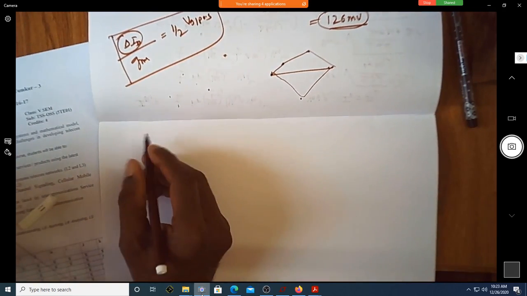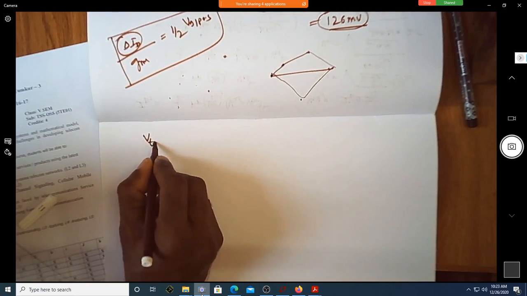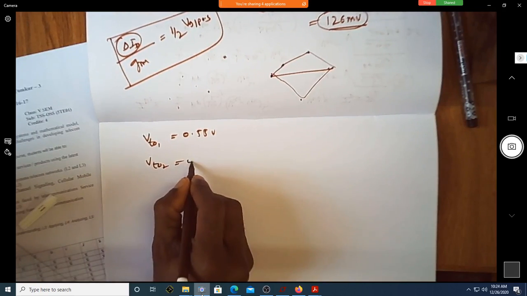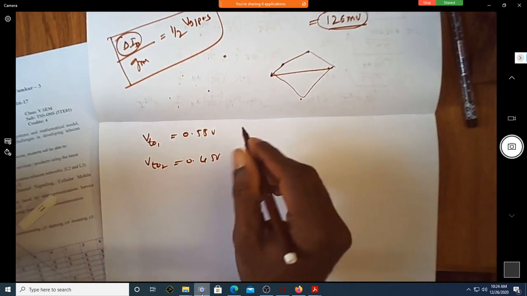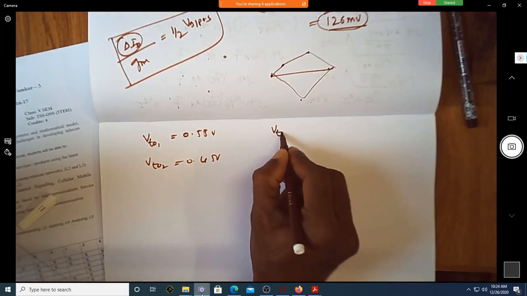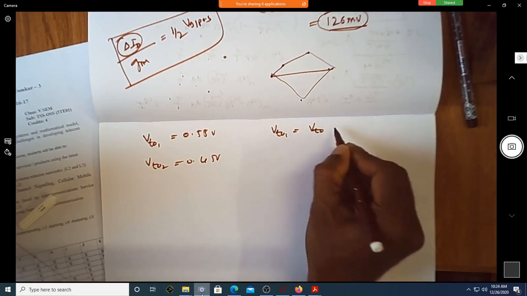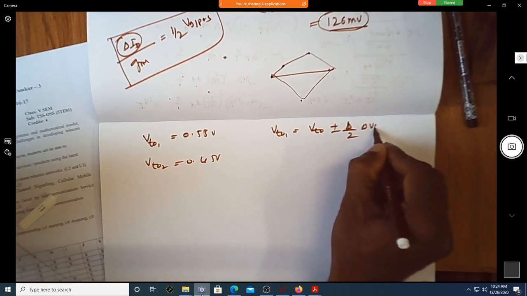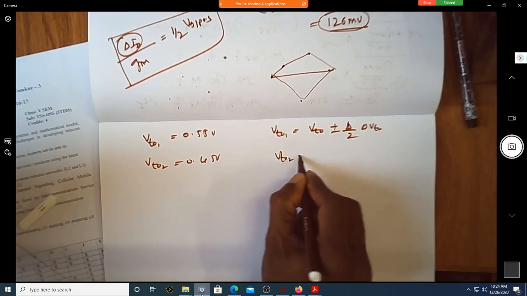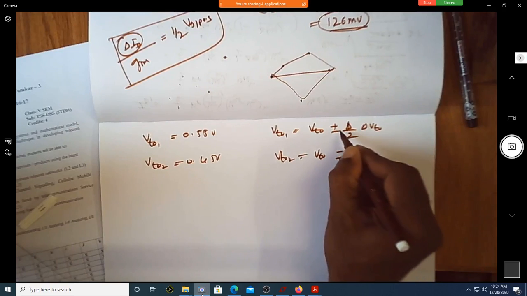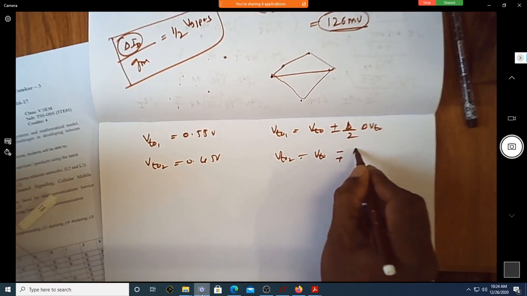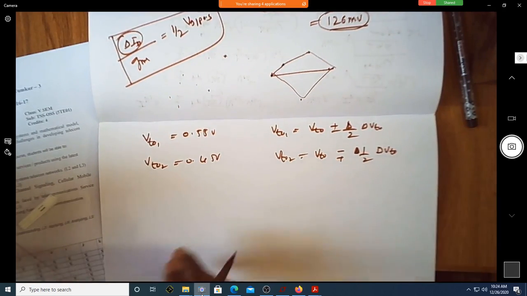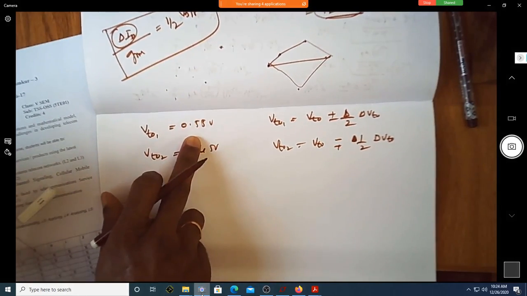Getting the point? So what we have is VTO1 equal to 0.55 volt, VTO2 equal to 0.45 volt. But in the theory, what did you learn? You learned VTO1 is equal to VTO plus half of delta VTO, and VTO2 is VTO minus half of delta VTO. If this is plus, then this is minus. Now the question is, what is this delta VTO? For that you need to get it from this.